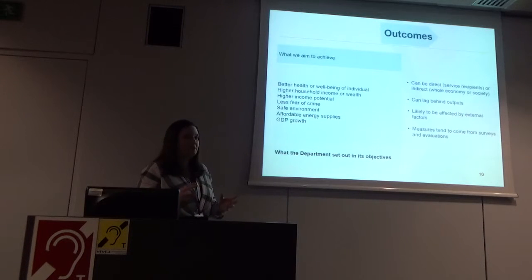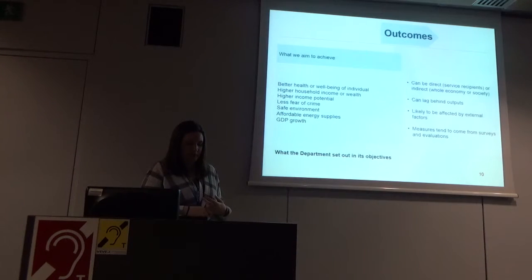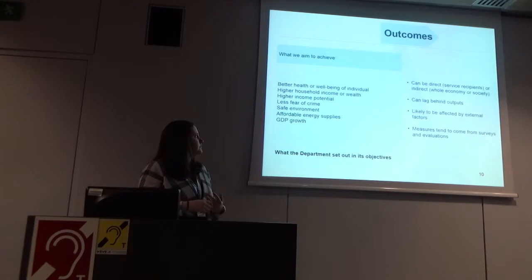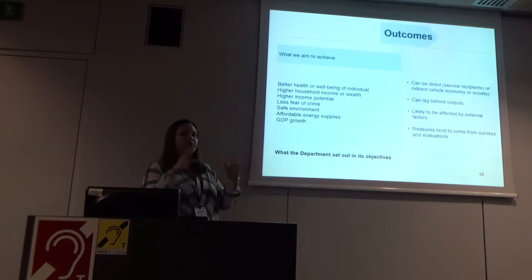The outcomes can be really far-ranging, both in terms of whether they're outcomes for the individual service user, so for the health service, that might be them having better health, or whether it's for the economy or society as a whole. If you think of something like a vaccination programme, you've got outcomes for the individual in terms of not getting that disease, but you've also got the herd protection that people talk about, so it's an outcome for society as a whole.